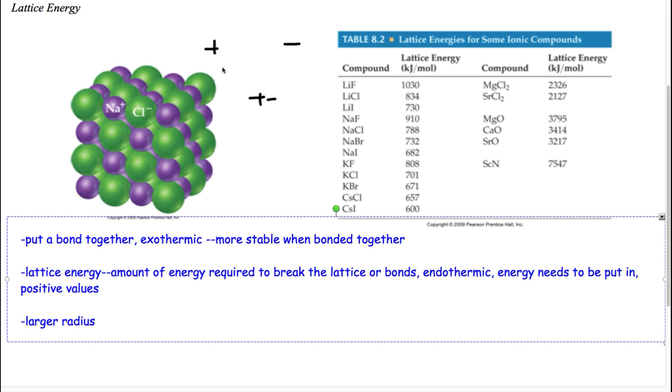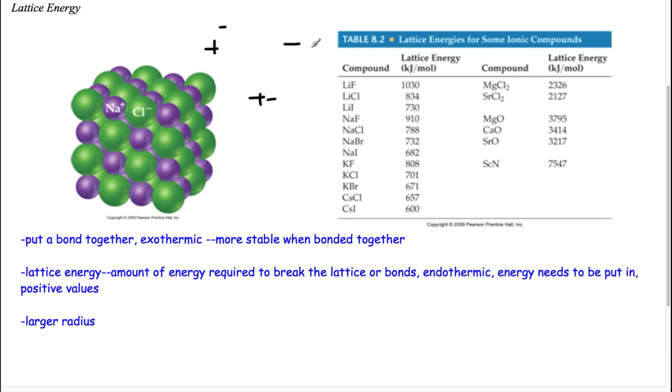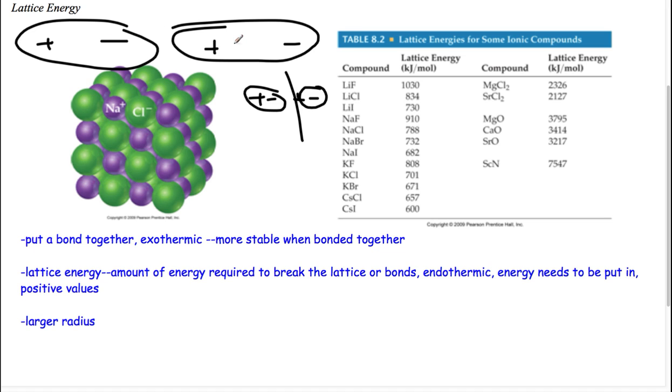If these two are positive and negative bonded together, and they're fairly far apart as opposed to this one, then if I want to break apart one lattice and another lattice, it's going to be a lot easier to break these two apart because they're so much further apart. Positive and negative are not as close as these two positives and negatives. So if you have a large radius, that's going to be a very low lattice energy. They're very easy to break.